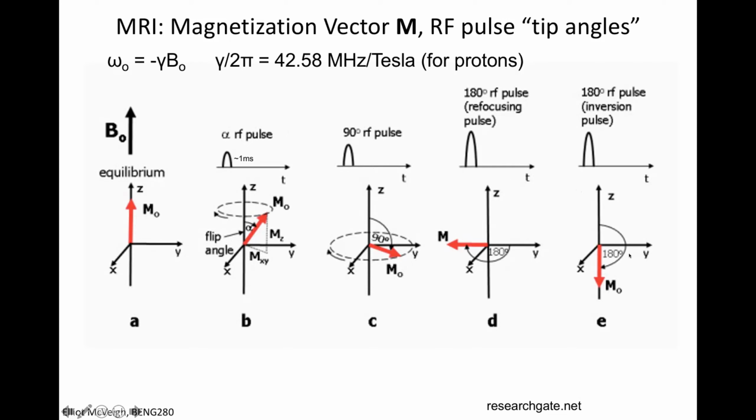And we won't talk about refocusing pulses right now, but a 180-degree inversion pulse, you can imagine, is just twice the amplitude of this one or twice the duration, and the magnetization goes to -Z. At this point, when you turn off your RF and you listen for a signal, you will not see one, right? Because there's nothing in the transverse plane. The magnetization vector is not there. There's no projection in the transverse plane.